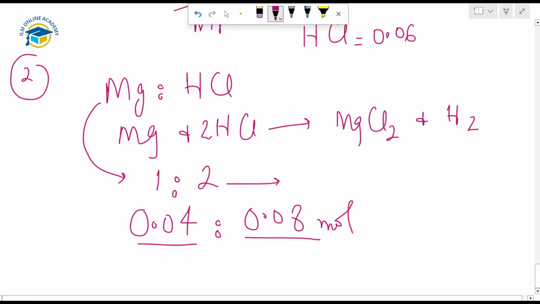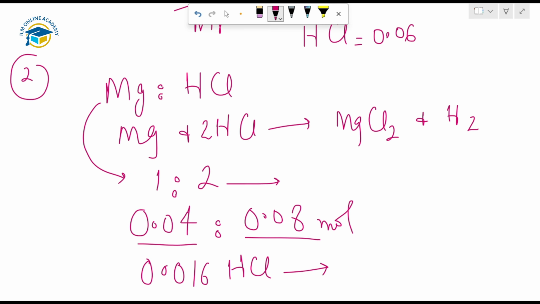By comparing the moles, you can easily check which one is the limiting reagent. We found the moles for magnesium as 0.04, and after multiplying it with the ratio from the chemical equation, we have 0.16 moles of hydrochloric acid. So HCl is present as the limiting reagent.